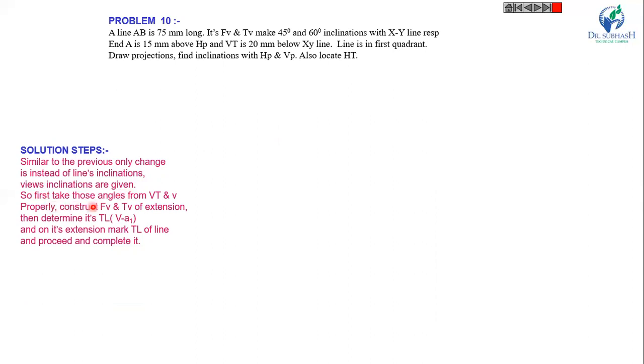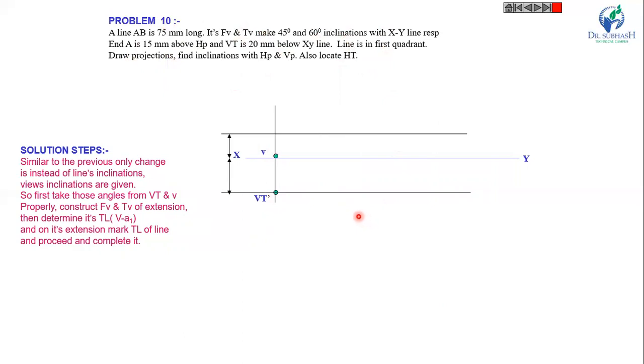So first take those angles from VT and V and properly construct the front view and top view of extension. Then determine its TL and on its extension mark the TL of the line and proceed and complete it. So first of all draw the XY line and mark the VT and V as per the given dimensions, 15 and 20.